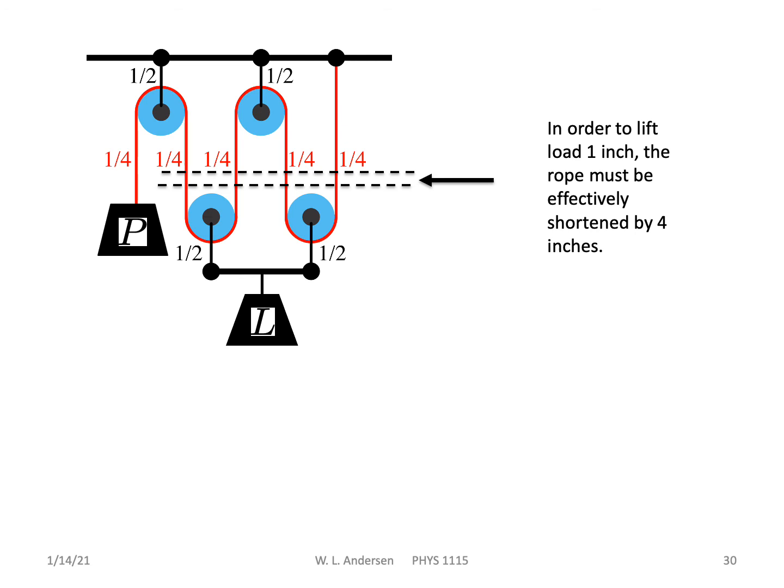Okay, so now let's suppose that what we'll call the load on the right-hand side, the L pounds, increases its altitude by 1 inch. Now the dotted lines illustrate that in order to have the L go up by 1 inch, we have to eliminate 4 inches of rope between the upper and lower sets of pulleys.